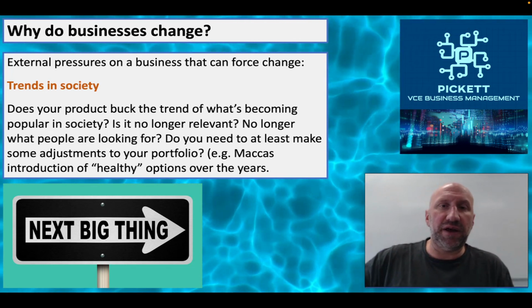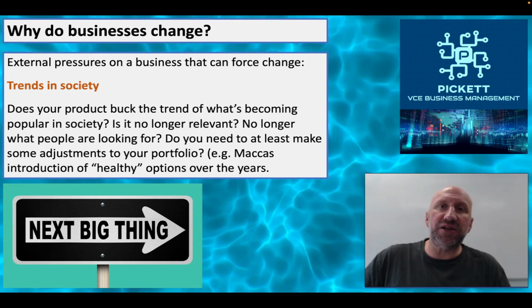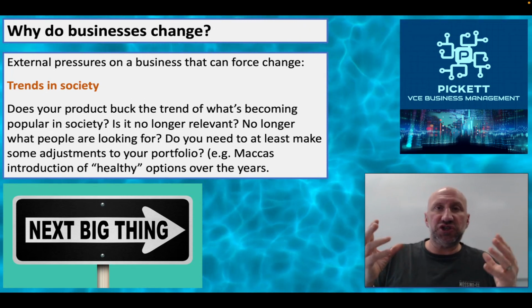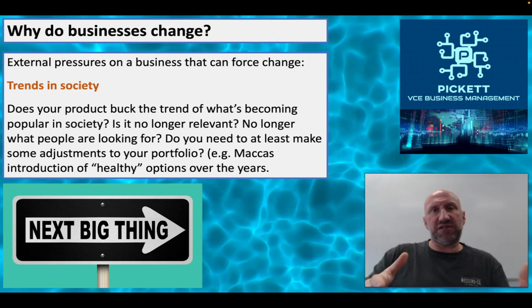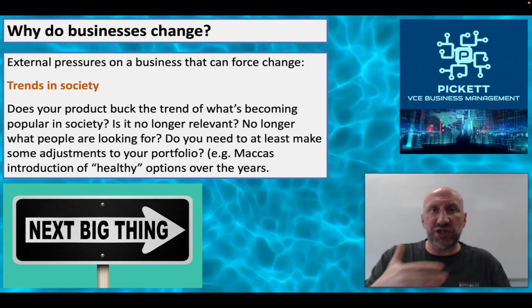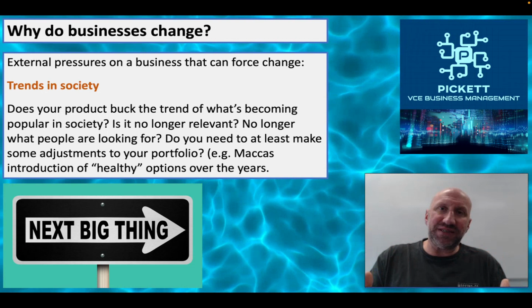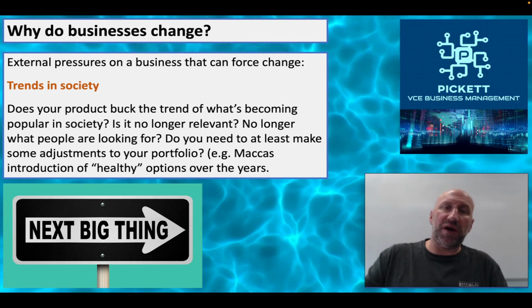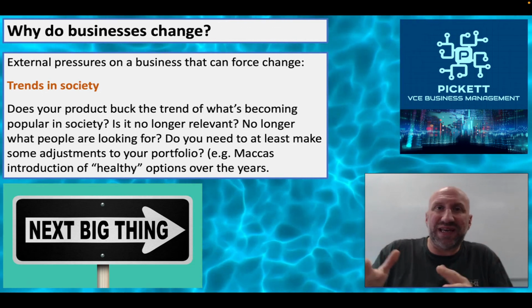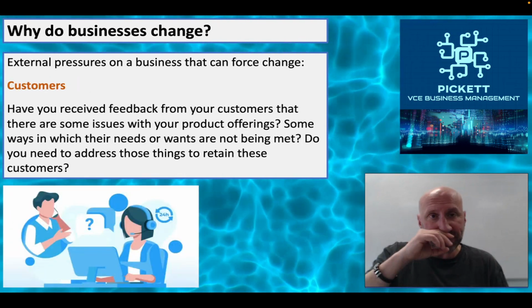But regardless, those changes have been made to their menus in response to this trend in society. And there are lots and lots of trends, and trends are always changing. Again, the point of this is that as a business, we need to be aware of whatever the trends are and make changes to make sure we're staying on trend.